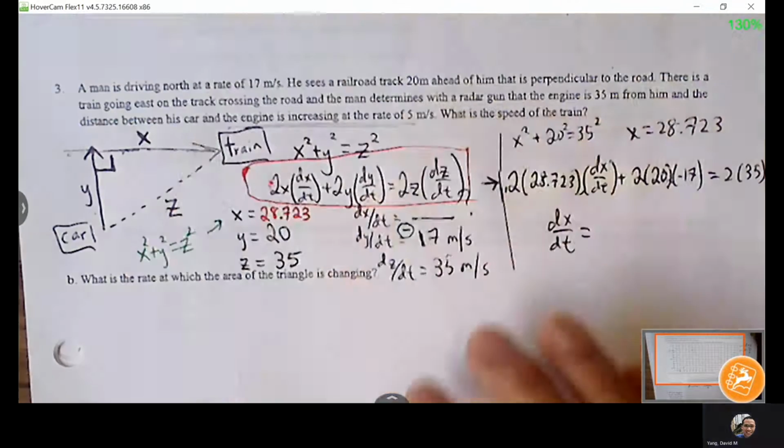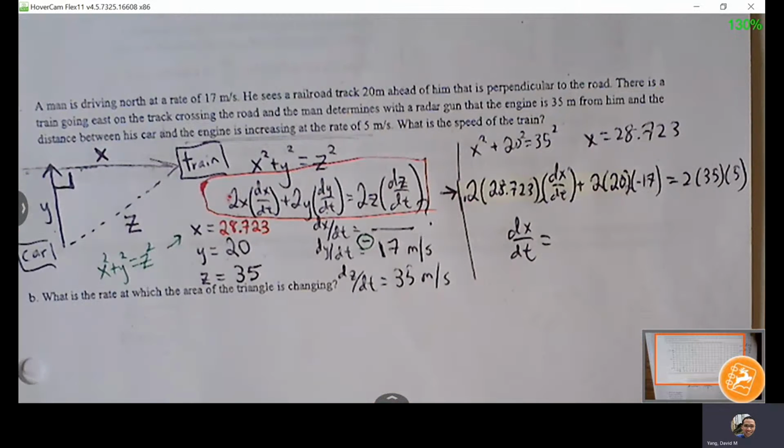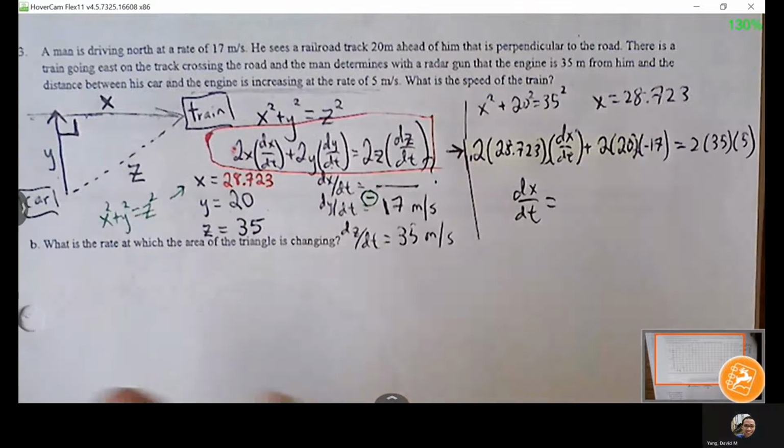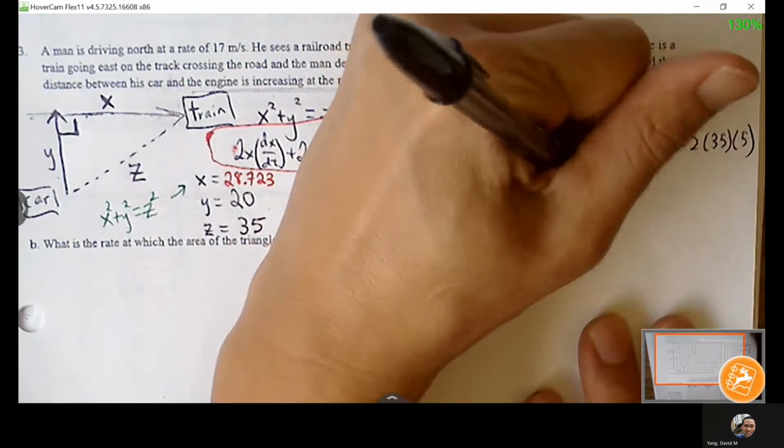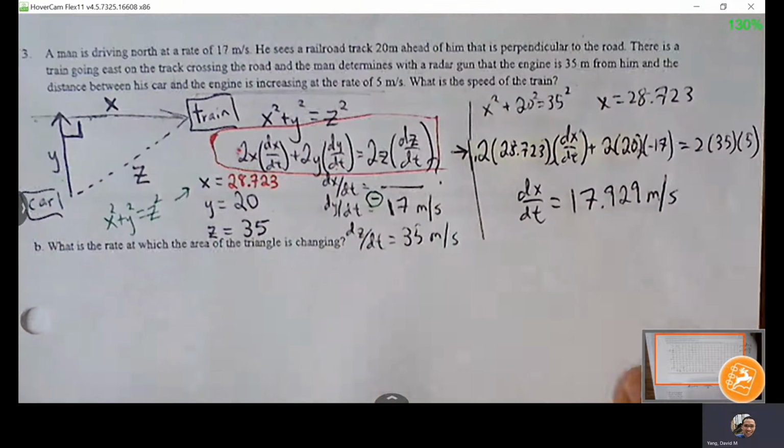Let me know what you get. Meters per second. Okay.